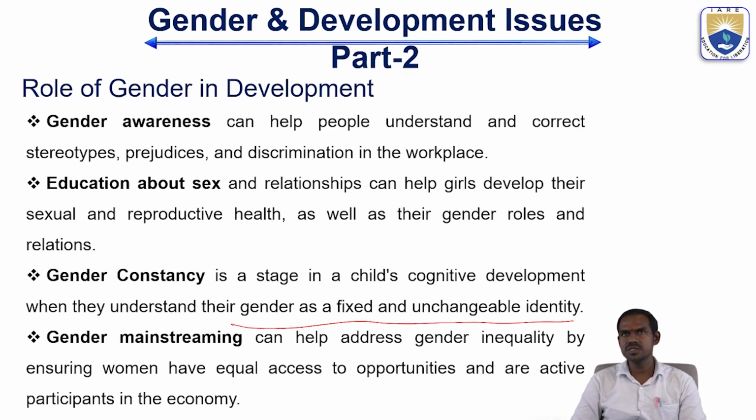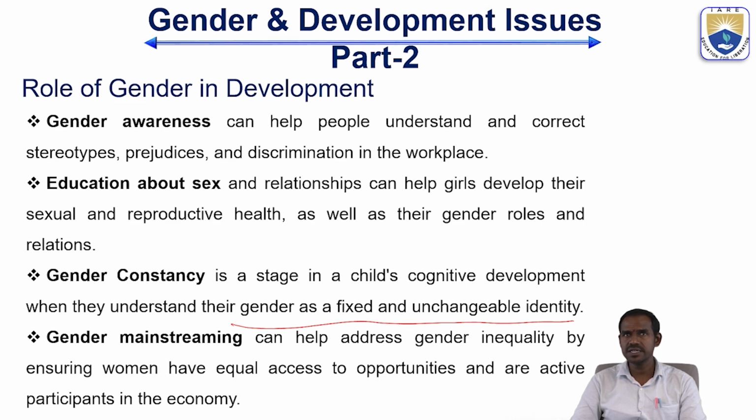Don't bother about that. Whatever the gender you are, you go ahead and look for the progress. Look for the achievement you are intended for. Okay. So that is how the role of gender towards development can be achieved by gender constancy.